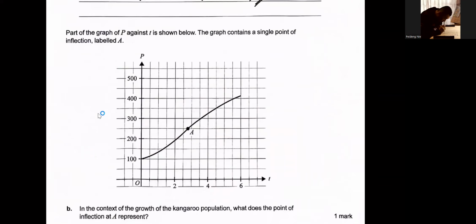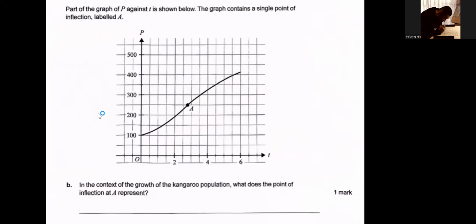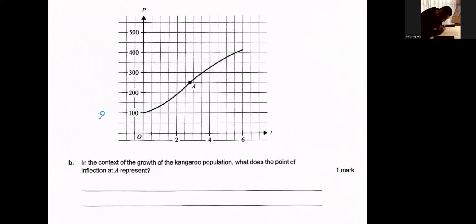Part of the graph of P against t is shown below. The graph contains a single point of inflection labeled A. In the context of the growth of the kangaroo population, what does the point of inflection at A represent?